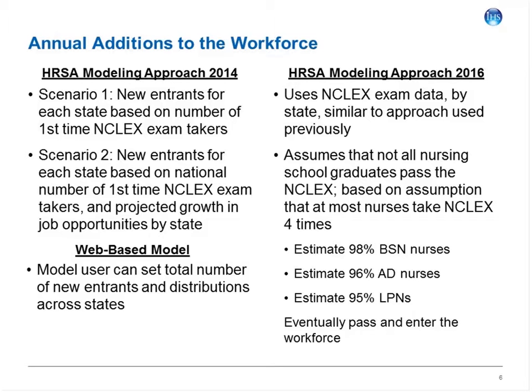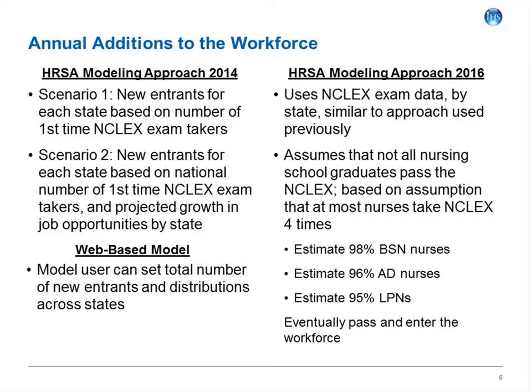Now, the work that's ongoing right now for HRSA is slightly different than what was used in the previous report. We do start using the NCLEX exam data and those that are the first-time takers. However, we no longer assume that every nurse will eventually make it into the workforce.